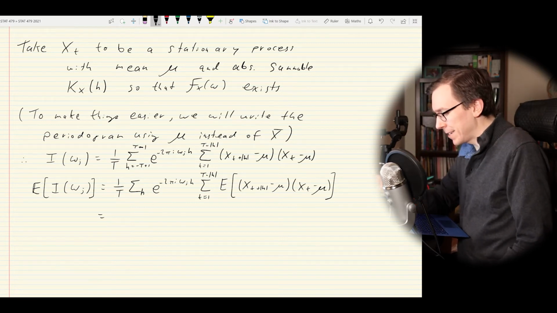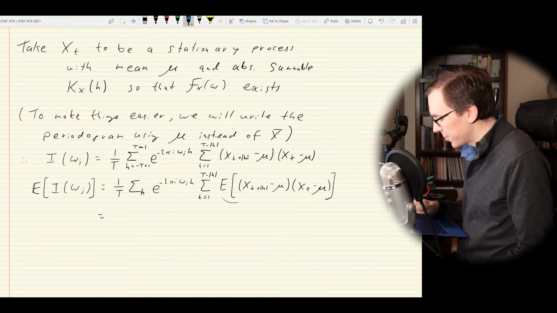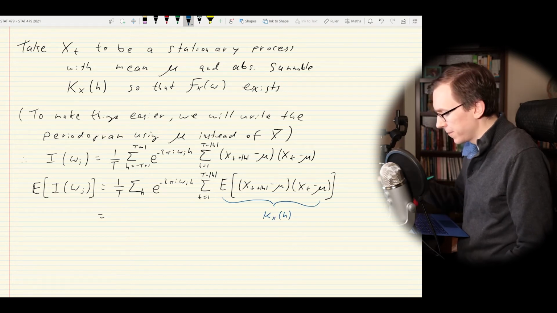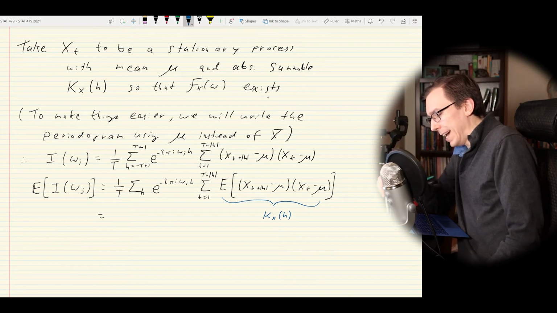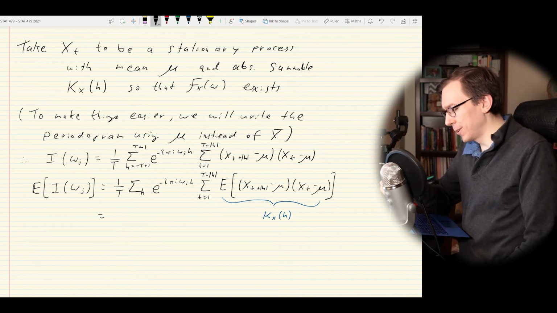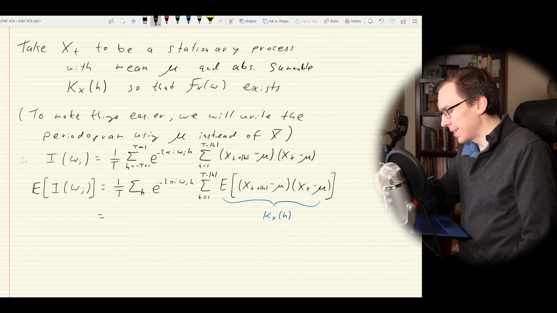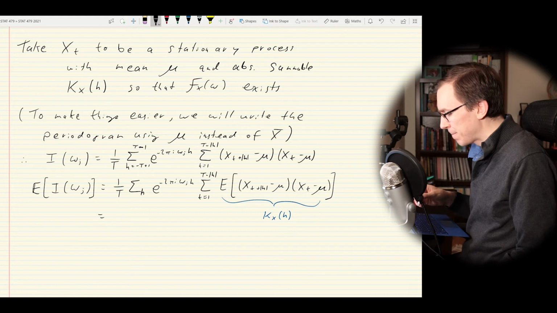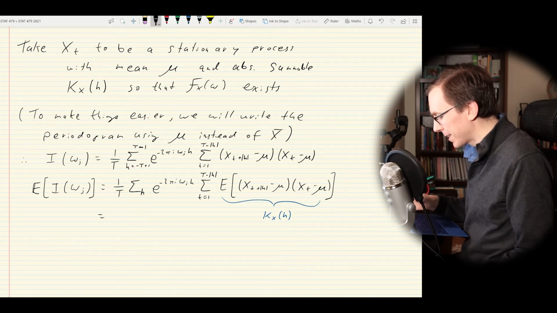Now, the expected value here is just going to be kx at lag h, the autocovariance. And I'm going to sum this thing up, t minus h times. It's not changing. It's the same thing. Remember, it's stationary, so little t does not play into the autocovariance anymore. Once I take the expected value, there's nothing really happening with little t.